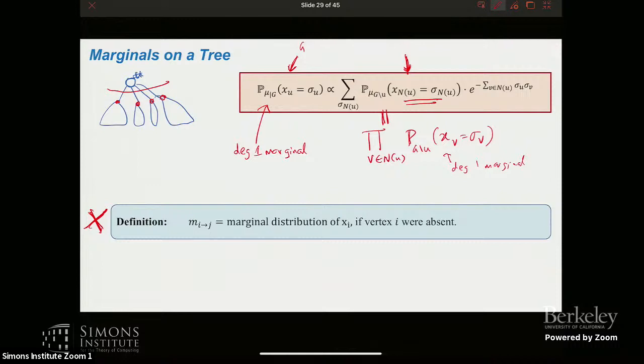So let's define this M_{i→j}. This M_{i→j} is the marginal distribution of vertex i if j were absent.